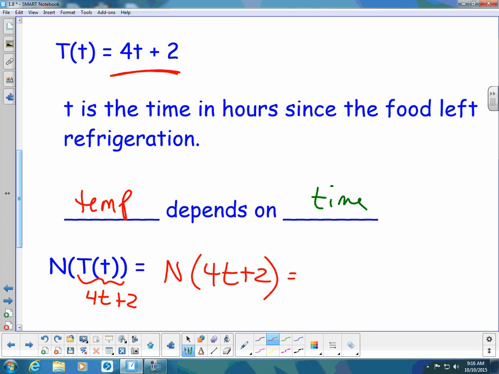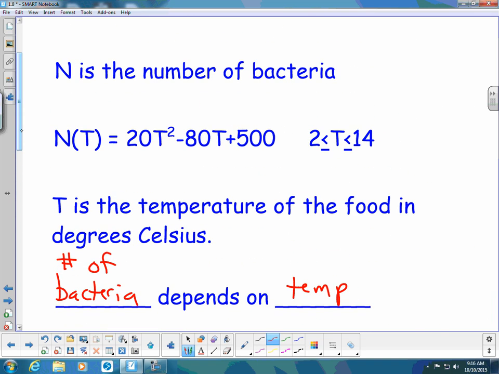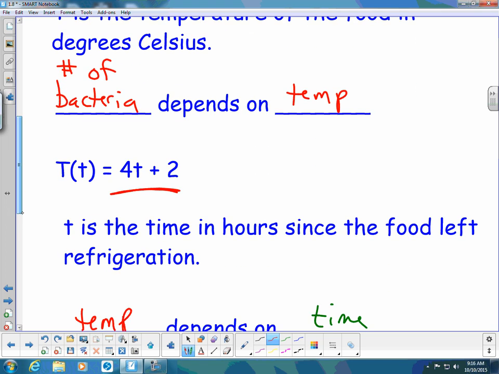When I do that, it will be 20 times (4t plus 2) quantity squared minus 80 times (4t plus 2), and I ran out of room here, but it's plus 500. That's if I plug in 4t plus 2 into my N of capital T function wherever I see a capital T. So I plugged in 4t plus 2 at those two locations.